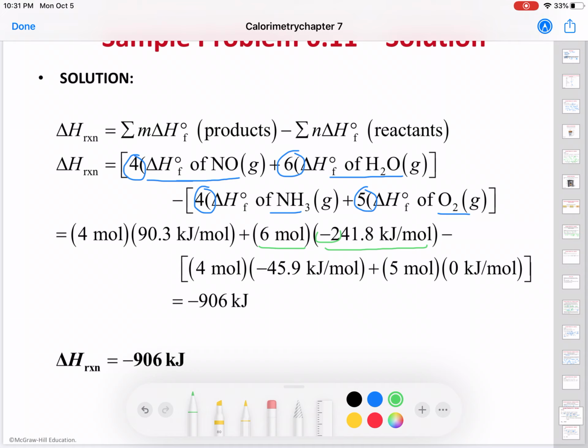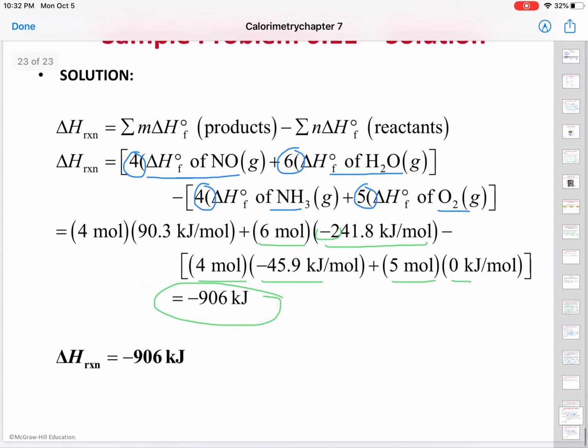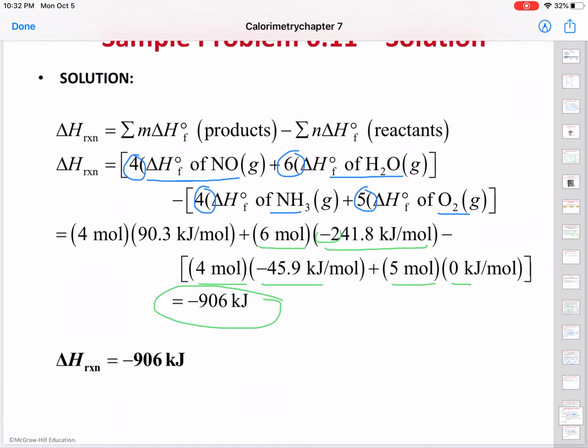You take those two numbers and subtract the reactants: 4 times ammonia, negative 45.9 kilojoules per mole, and 5 times oxygen, which is 0. When you do that calculation, you find the enthalpy of the whole reaction from the formation values, and the final amount is negative 906 kilojoules.